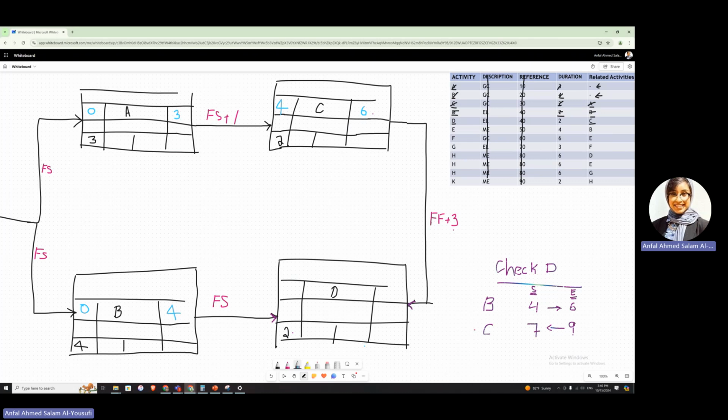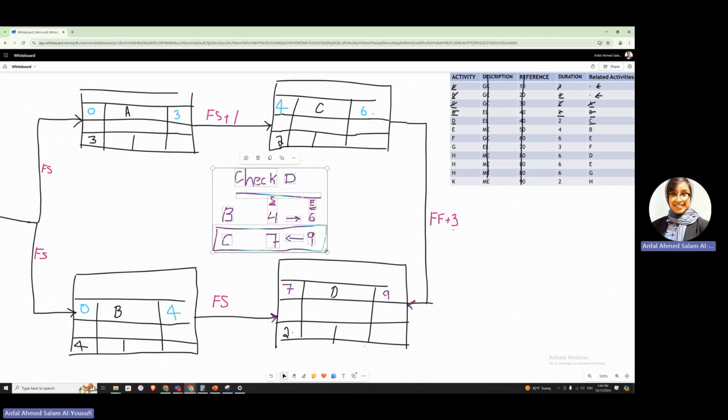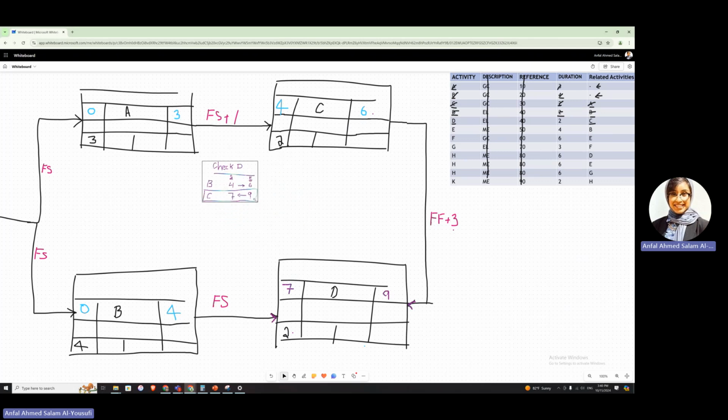So between these two, which one is bigger? This is giving me a bigger number. So I'm going to put here 7 and 9, because we're doing the forward pass and we take the bigger number. I'm going to make it smaller so you guys can remember how we got the numbers for D.